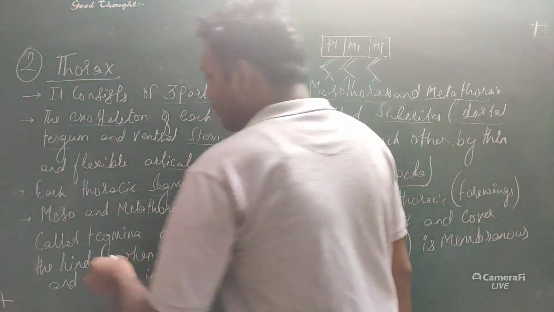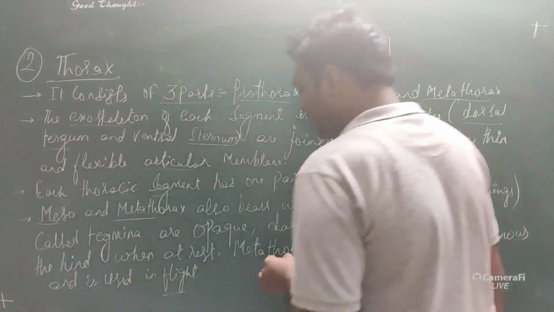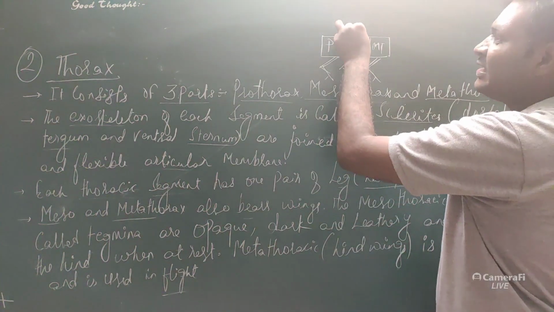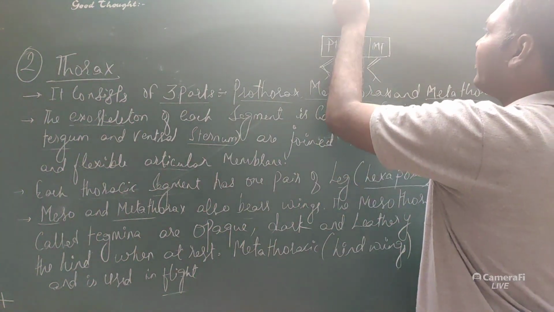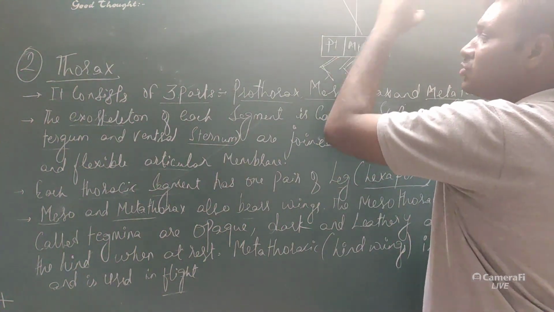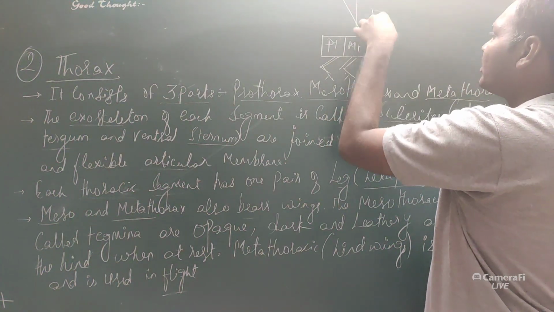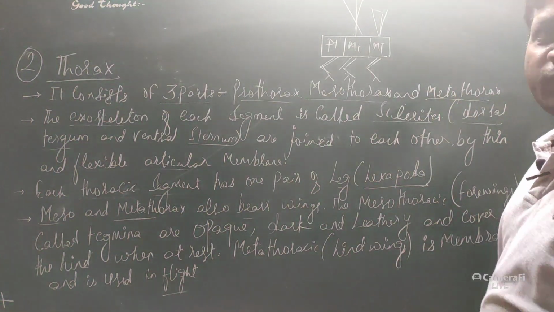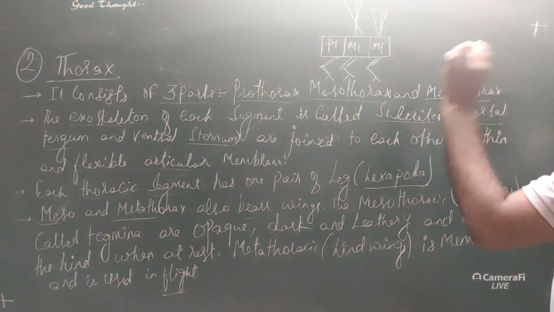Next, the meso and metathorax also bear wings. In this region you can see the presence of wings, and in the metathorax as well. These wings are referred to as the forewings and the hind wings.